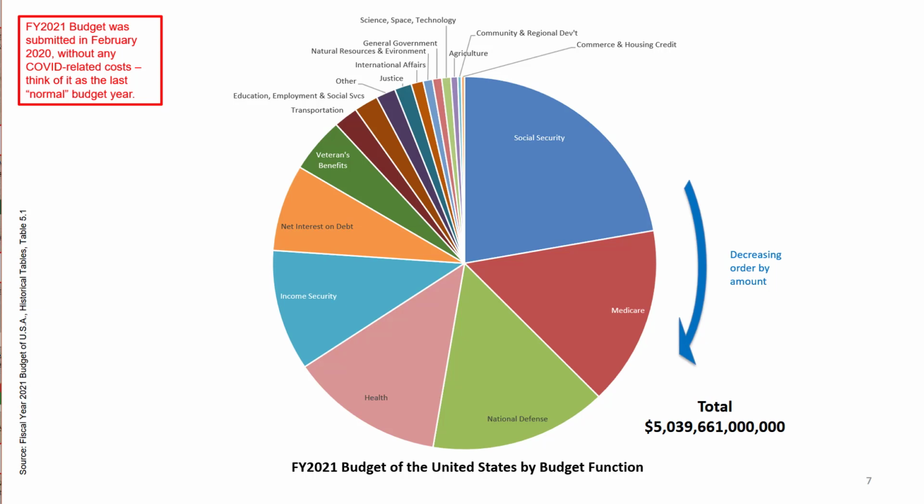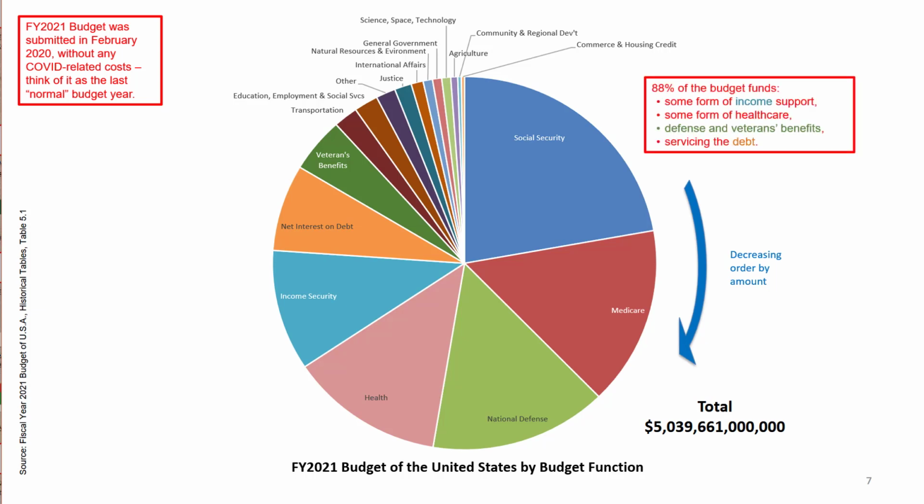And what you'll notice here is that 88% of that federal budget performed only four basic functions. It provided some form of income support. And those are the two big blue wedges: Social Security and income security. And the largest piece of income security in most years are retirements for federal employees.